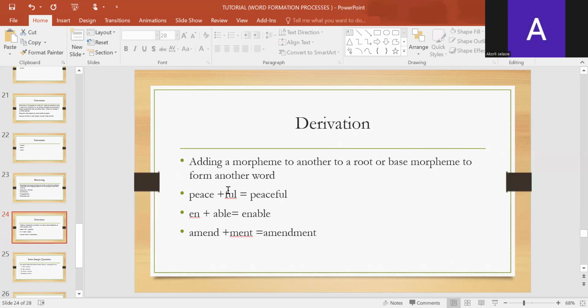So derivation, we add a morpheme to an existing free morpheme. So peace becomes peaceful, enable, amend and amendments. So adding a morpheme to a base or root or a free morpheme to form another word, it will be derivation.